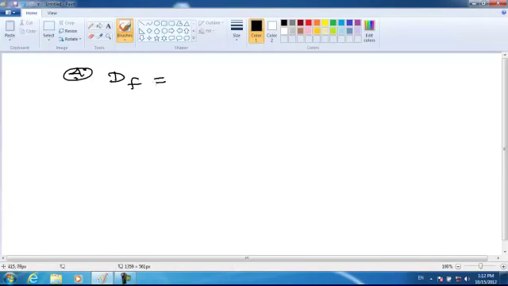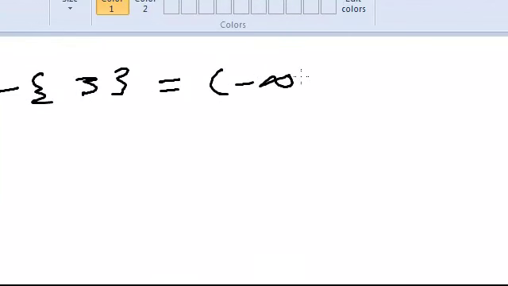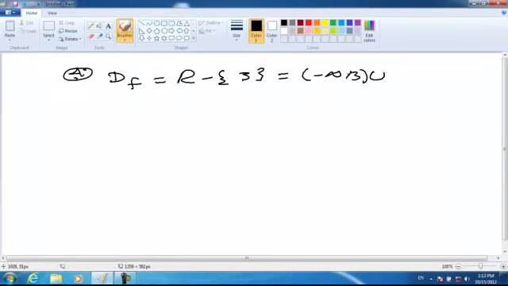Number 4, domain of f is R minus 3, equals, in interval notation, minus infinity to 3 union 3 to infinity.